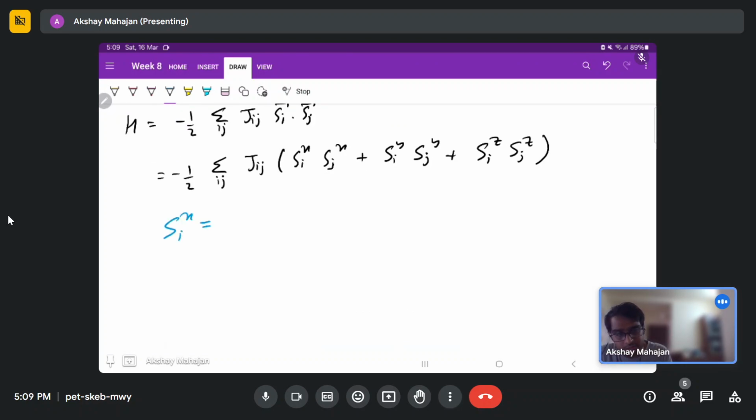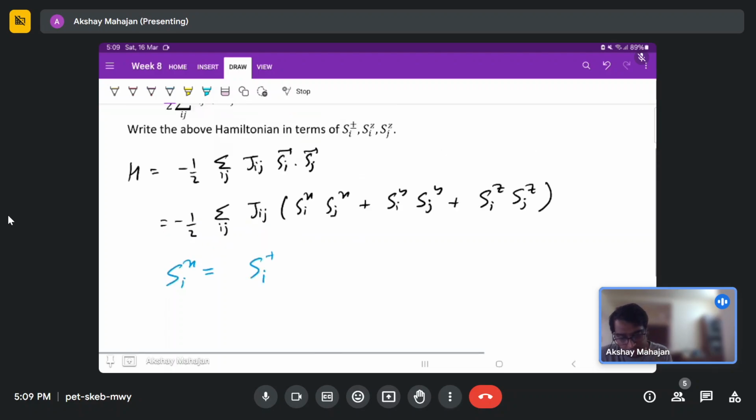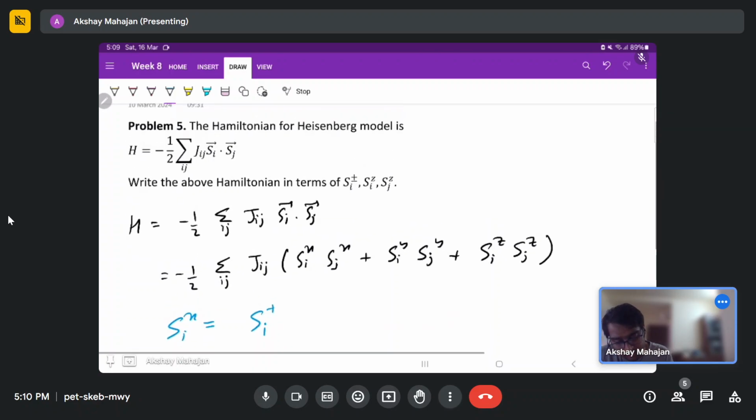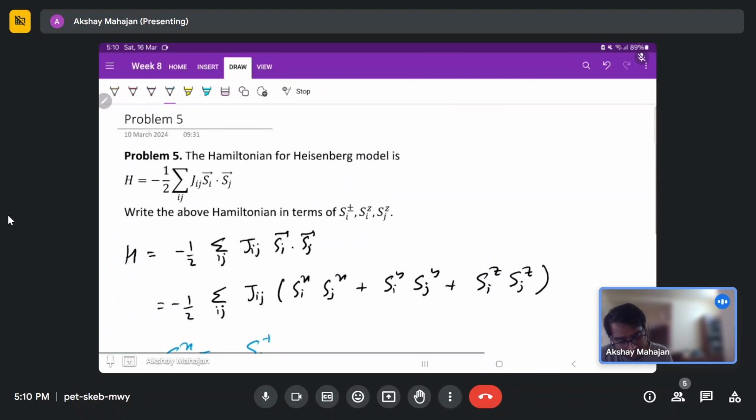The x component of this spin moment is given by S_i plus and S_i minus. These plus and minus are ladder operators, like you have for angular momentum operators in quantum mechanics, which are S_i plus and S_i minus. In case you have not seen them or don't remember them, I would recommend looking into any basic quantum mechanics book.